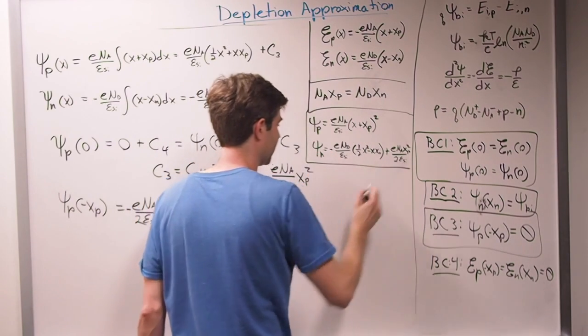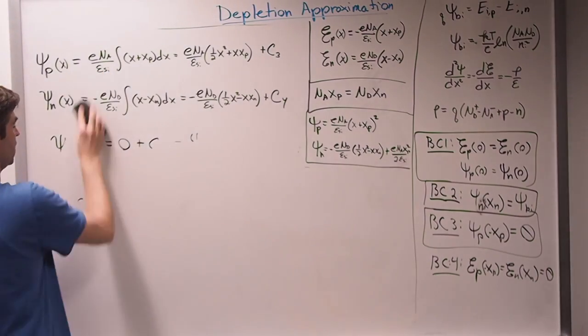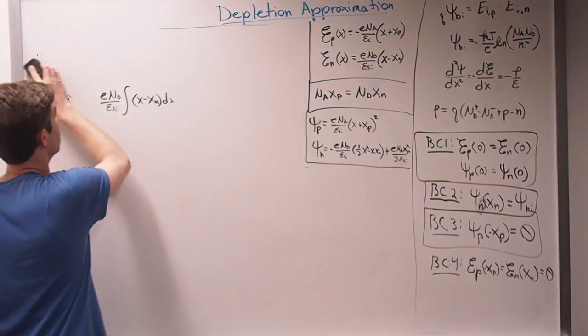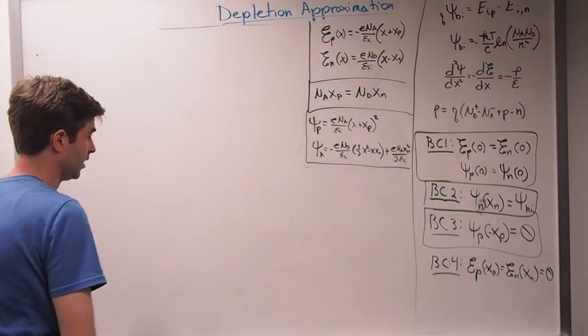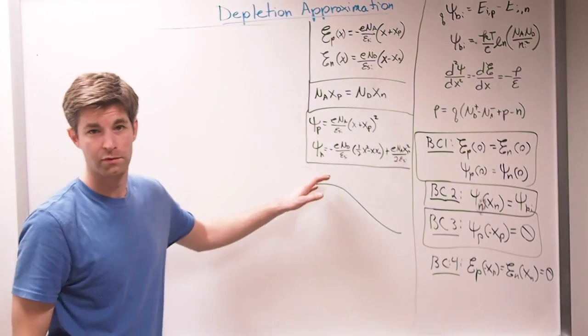So now I finally have my equations for the potential in the depletion region of a semiconductor. So from this, I can figure out this band structure right here, and this goes with what we know from the physics already.